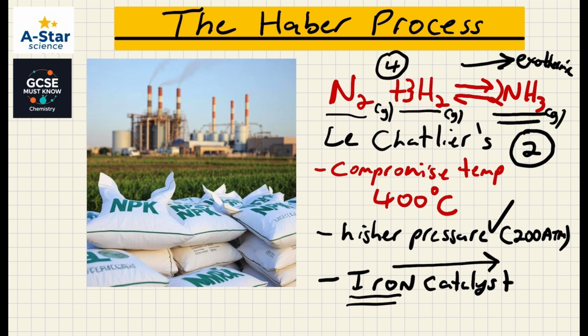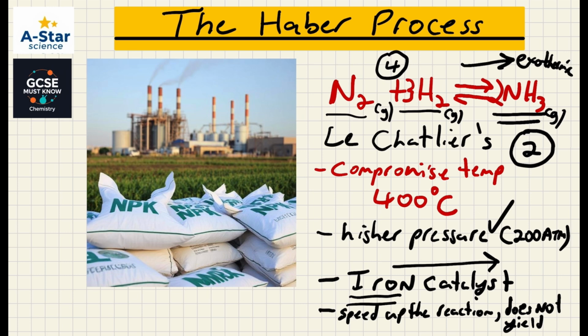Now, it's really important for your exam to say that although we use a catalyst, it's going to speed up the reaction, but it doesn't increase the yield. It does not increase the equilibrium yield. This is very important to make sure that you say in the exam. It speeds up the reaction. That means you will reduce the energy you use, which of course will reduce the costs.